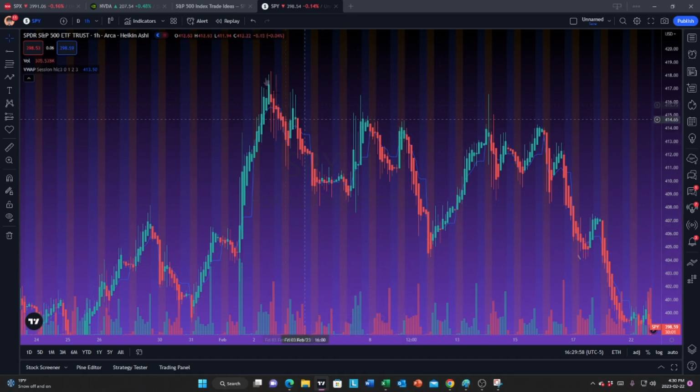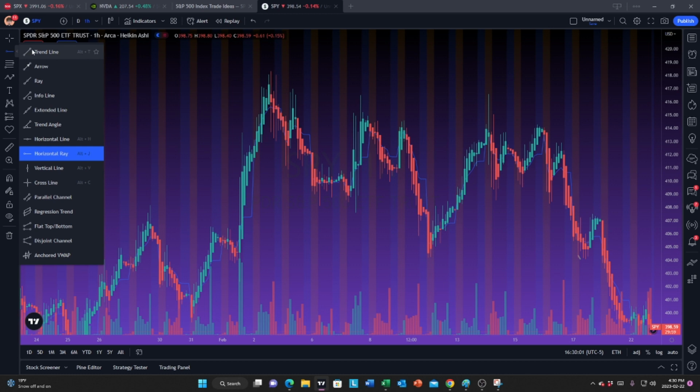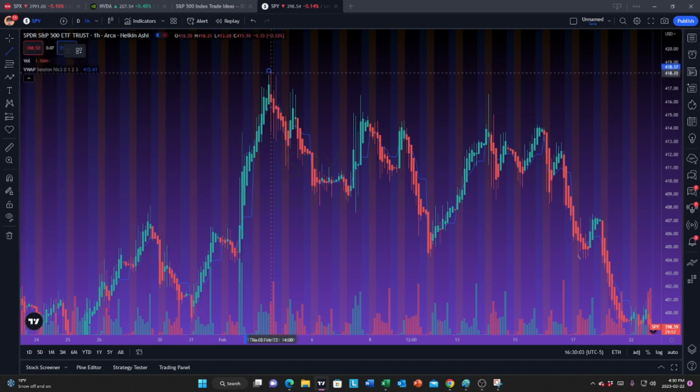So if you see here, we have a descending candlestick pattern. This actually isn't a really good descending because it's only technically 2 candles. It needs to be at least 3 up to 4 or 5. So it's not really great.